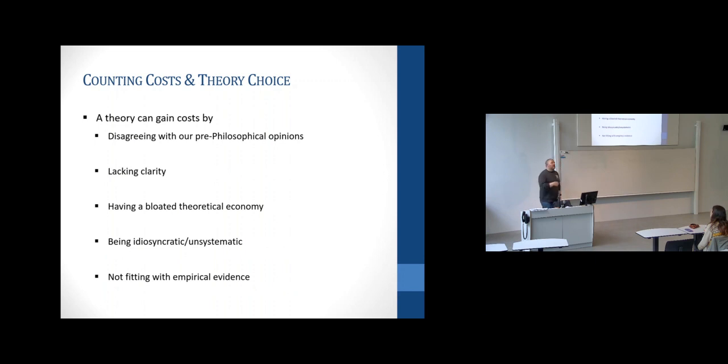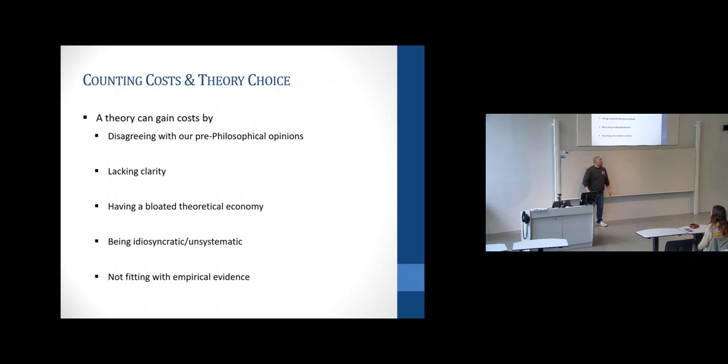The big cost is disagreeing with our pre-philosophical opinions. By being unclear. By having a bloated theoretical economy, postulating lots of fundamental things. Being idiosyncratic or unsystematic. And not fitting with empirical evidence, or being non-empirically adequate.